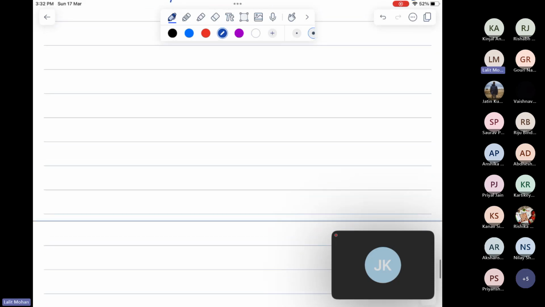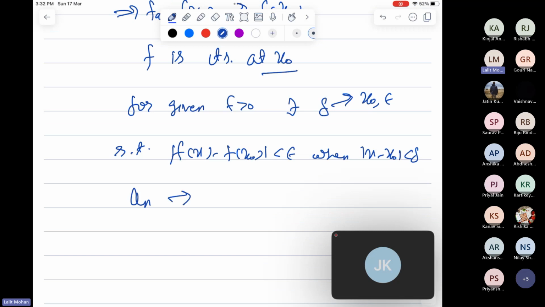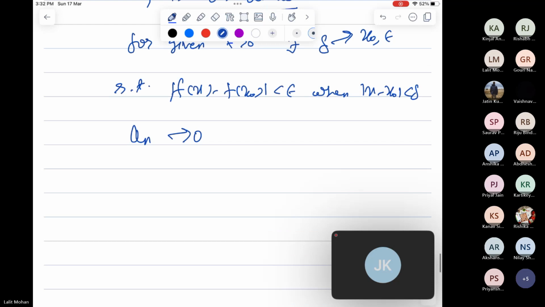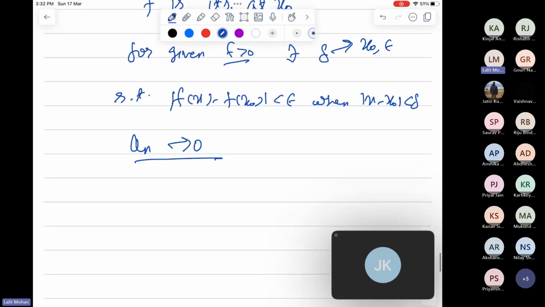Now we are given that a_n tends to 0 and we have to show that f_{a_n} of x naught tends to f of x naught. Now a_n tends to 0 means again for this epsilon there exists some stage n naught belonging to N such that, sorry, I think we need some modification.